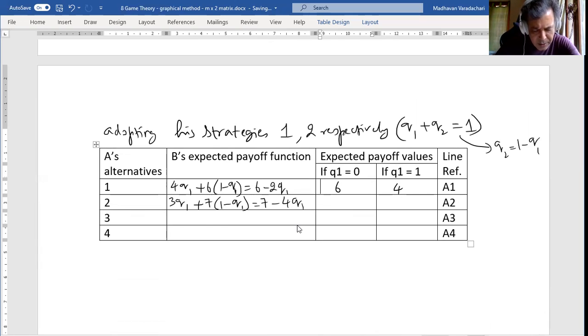Then the third function is 5Q1 minus 4Q2, which is 5Q1 minus 4 times 1 minus Q1, which will be minus 4.